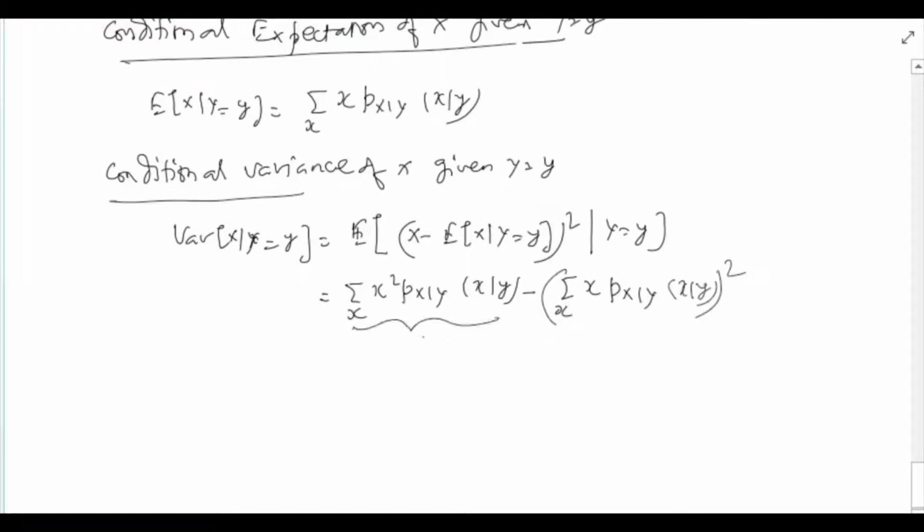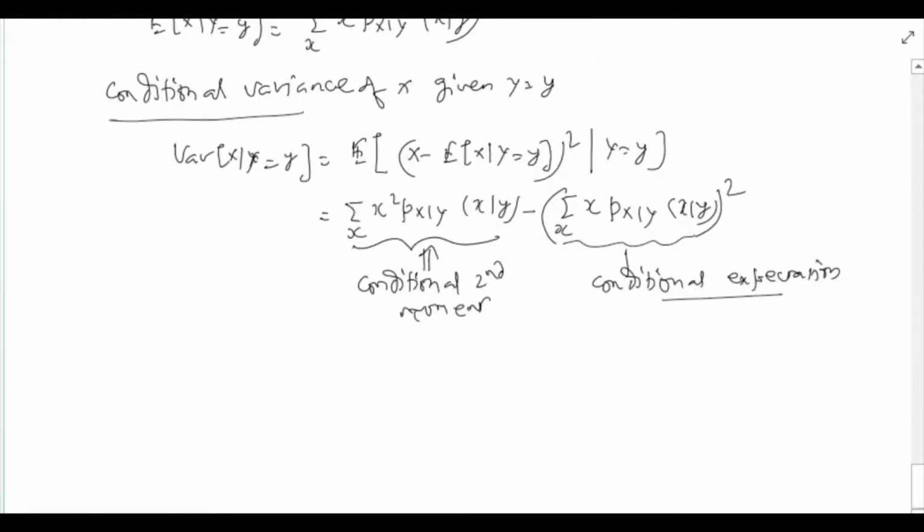Notice that the first quantity is the conditional second order moment, whereas the second quantity here is the square of the conditional expectation.